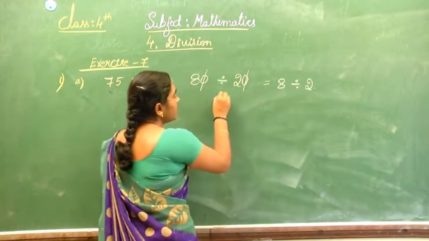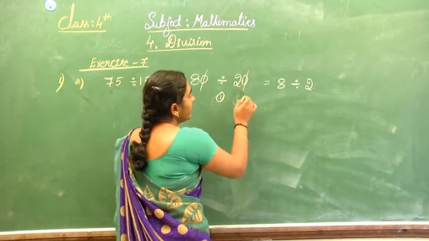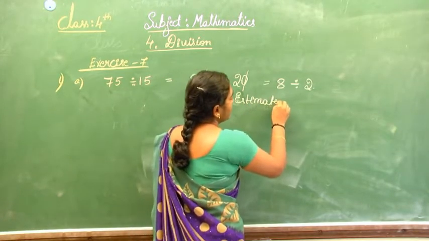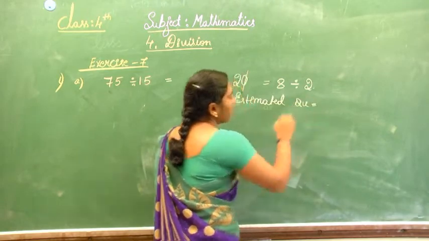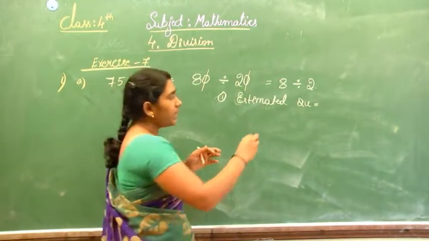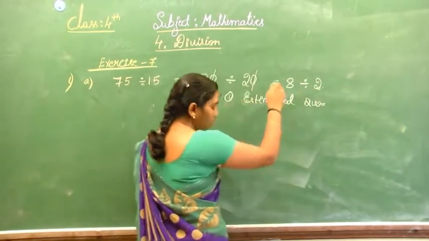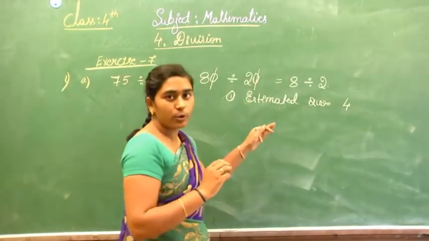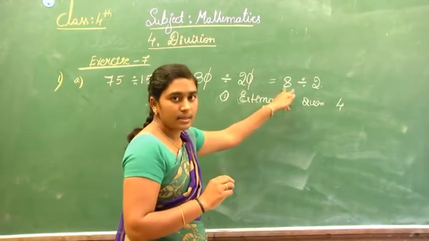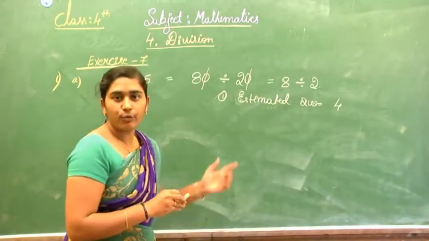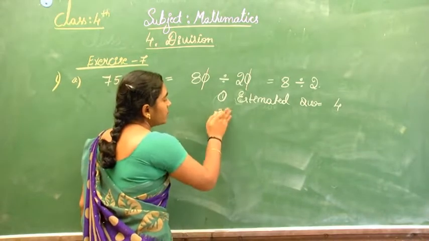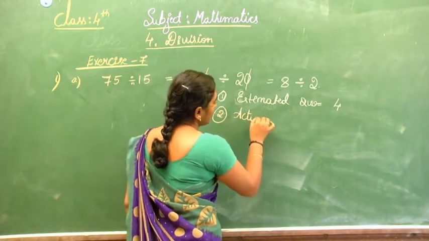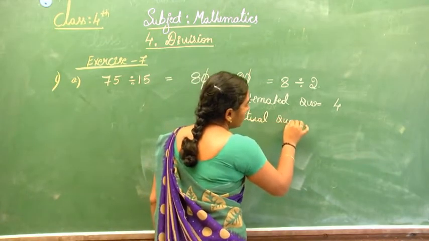By seeing this, tell me the estimated quotient. What is the estimated quotient we will have? 2 fours are 8. So the estimated quotient is 4. Let's check the actual quotient.